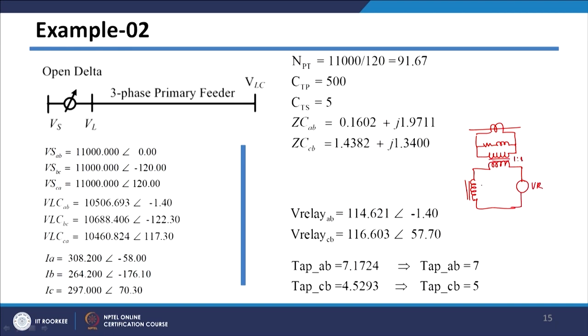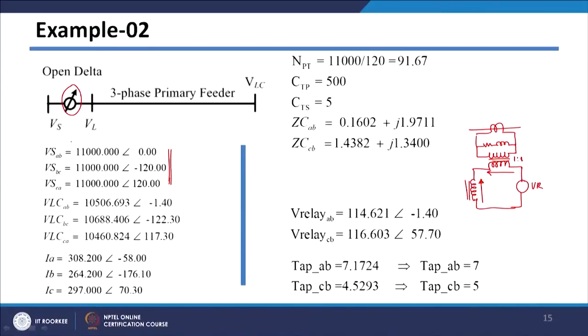So what we can do, this voltage plus this voltage both can be calculated, because this voltage is nothing but whatever voltage we are getting on the secondary side of the transformer. Here, to get this tap setting, we are first calculating without considering the regulator, or with the regulator on normal tap position.